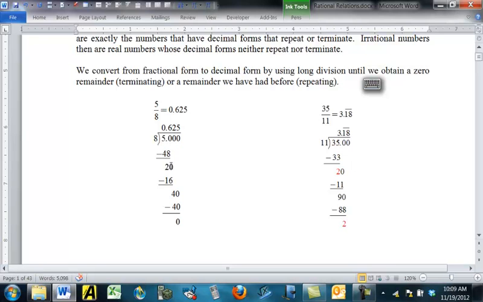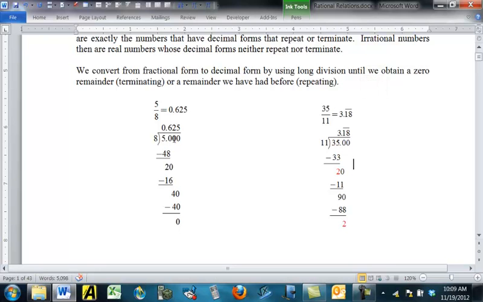And then subtract, you get 2. And bring down a 0, that's 20. It's really 0.2. And then 20 divided by 8 is 2. 2 times 8 is 16. Subtract, you get 4. Bring down another 0. 40 divided by 8 is 5. 5 times 8 is 40. Subtract and get 0. So if you ever get a 0 remainder in this process, we have a terminating decimal.